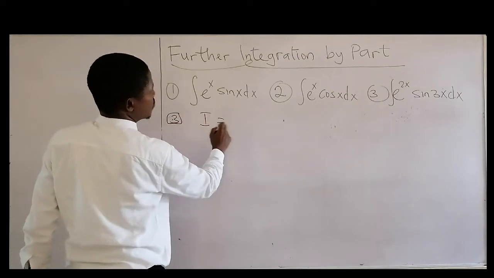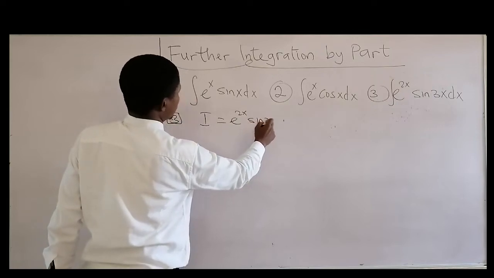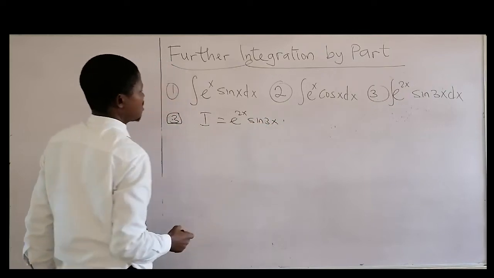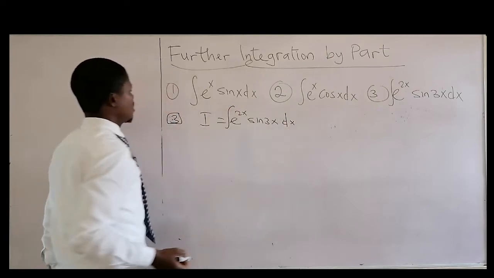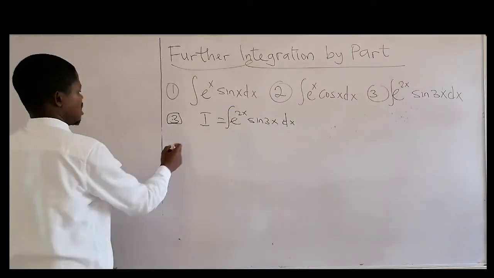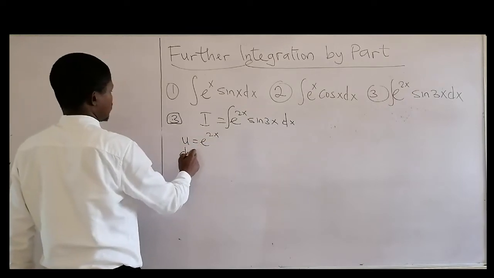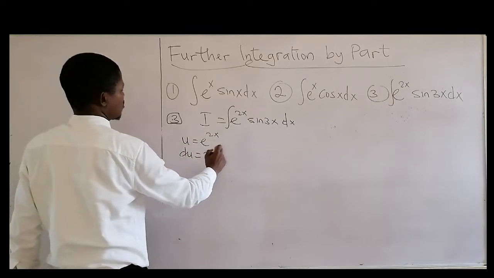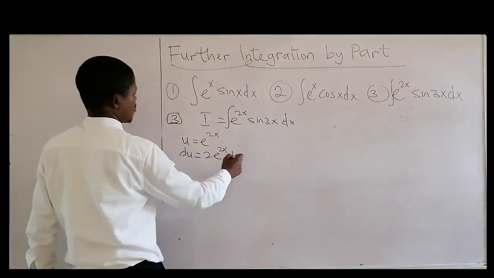I equal to e^2x sin 3x, that's the integral of that question dx. Okay, so u is equal to e^2x, so the du is equal to what? 2 into bracket e^2x dx.